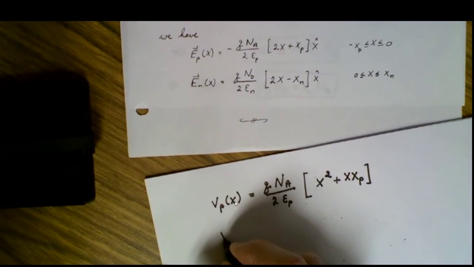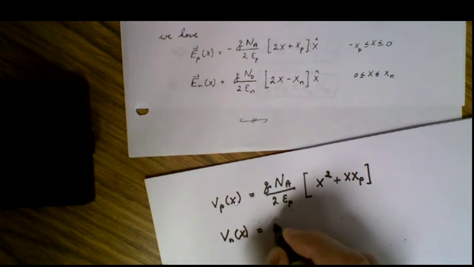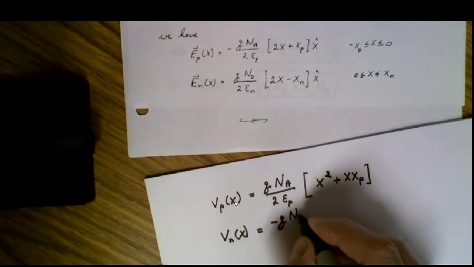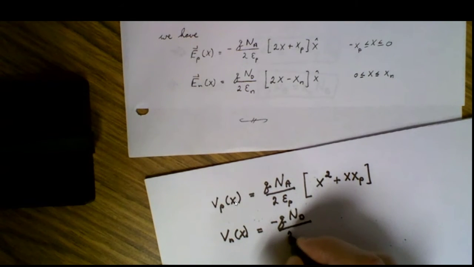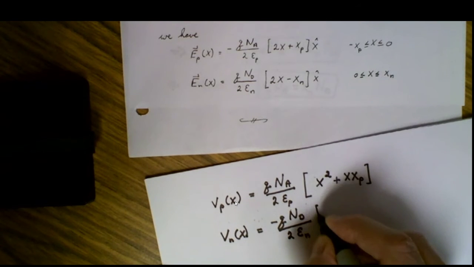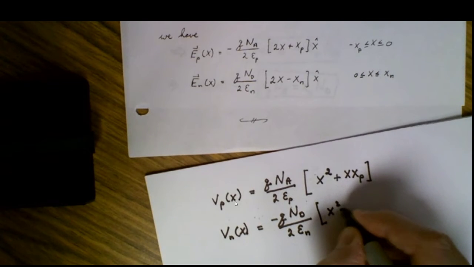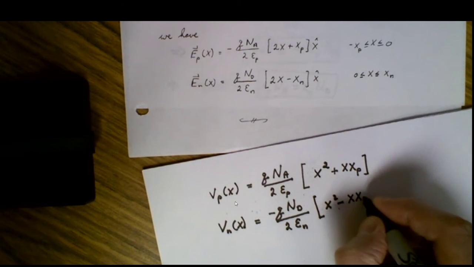The potential in the N material, function of x, is going to give rise to minus q times the number of donors per unit volume divided by 2 times the permittivity epsilon sub n times the quantity x squared minus x times x sub n.